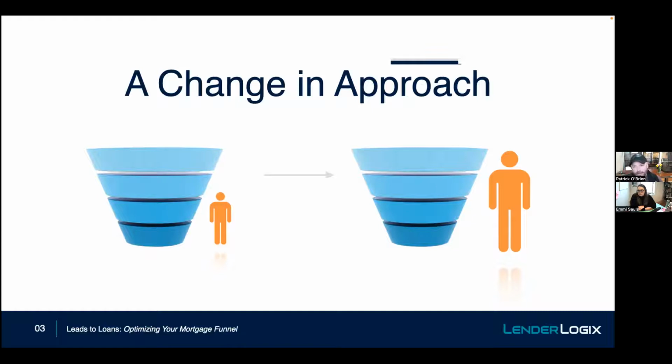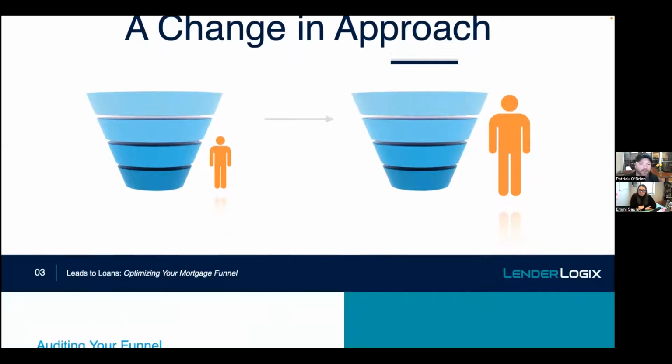The approach that we take as loan officers and lenders to engage with those borrowers, given those market dynamics, is super important, making sure that we're sticking with that borrower throughout their entire life cycle.